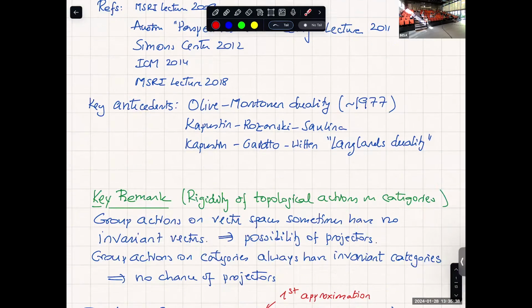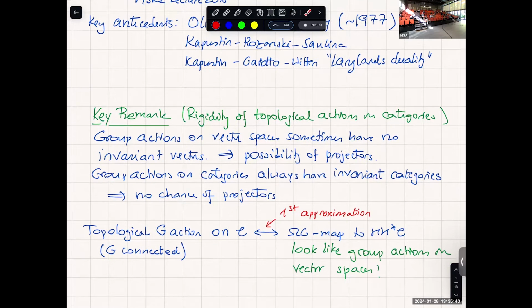So the key remark, which I touched upon yesterday when we discussed the difference between A models and B models, quantum mechanics and quantum field theories, and I mentioned in 2 dimensions somehow group actions on categories are essentially derived, whereas topological group actions are rigid, much more like group actions on vector spaces 1 dimension down.